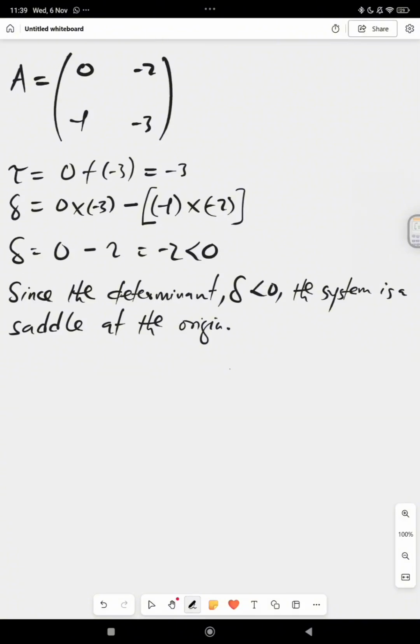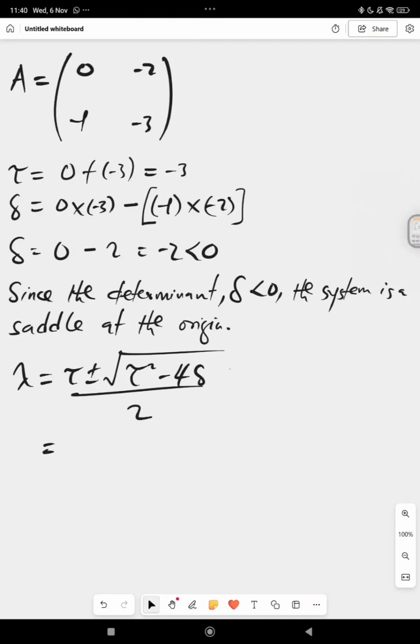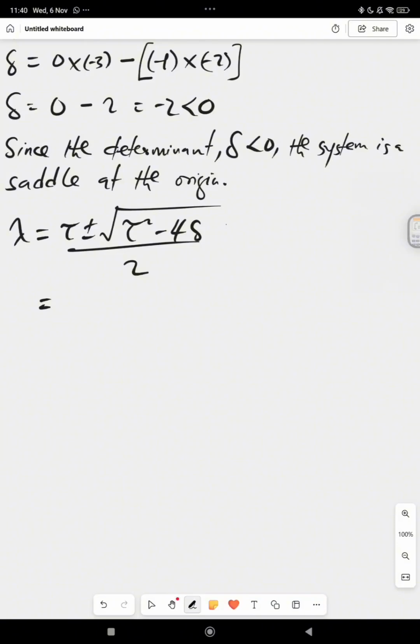We can go ahead and find our eigenvalues, which is given by this expression, tau plus or minus the square root of tau squared minus 4 delta, divided by 2. So with this, we insert the value of tau and delta. So our lambda is equal to minus 3 plus or minus the square root of minus 3 squared, which gives us 9, minus 4 delta.